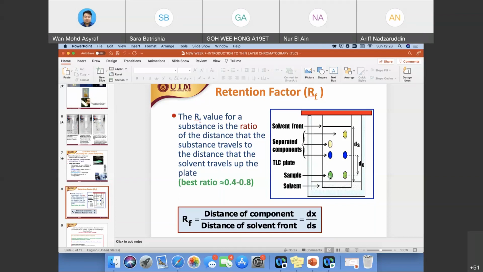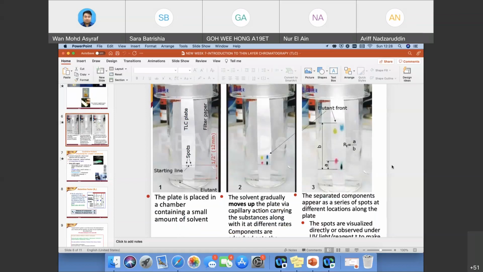So the distance of the component is the distance of the blue one here minus the distance of the sample where you dotted it initially. This distance is dx. And the distance of the solvent front is from the origin up until where the solvent ends. If you look at this one, maybe you can see it much more clearly. The solvent front or eluent front is the place where the solvent reaches.